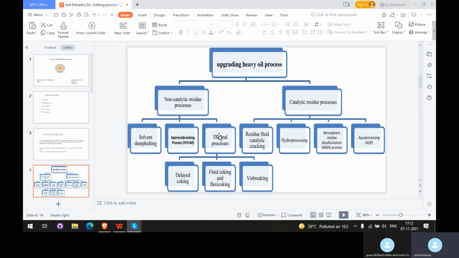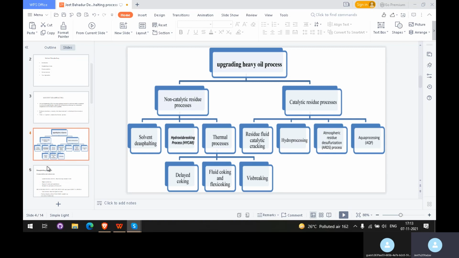The thermal processing is further divided into delayed coking, fluid coking, flexicoking and visbreaking. For the catalytic residue process, we have residue fluid catalytic cracking, hydroprocessing, atmospheric residue desulfurization, also known as ARDS process, and last we have aquaprocessing, AQP. So the main part for the discussion is solvent deasphalting.